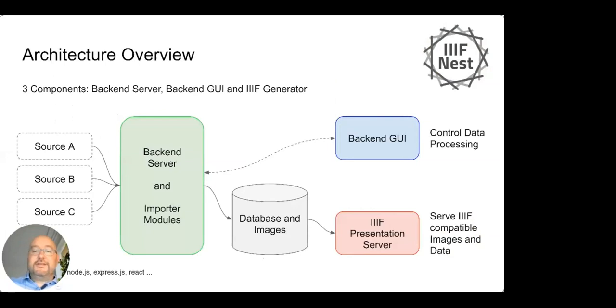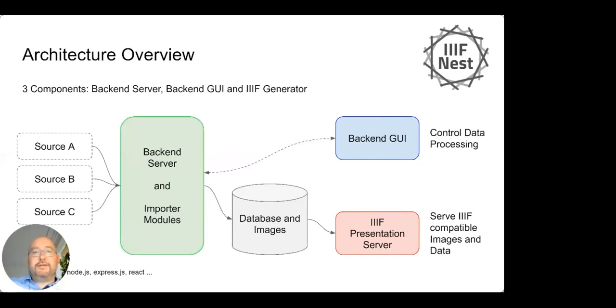IIIF Nest consists of three components. First, in green, there is the backend server that manages an arbitrary number of import modules. Each importer is responsible for pulling data from the data source, for converting the metadata to our internal data model, and for pre-processing the images for the IIIF image server.